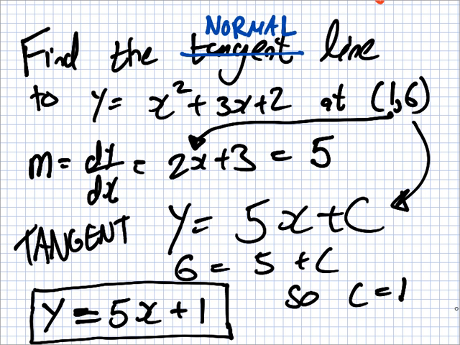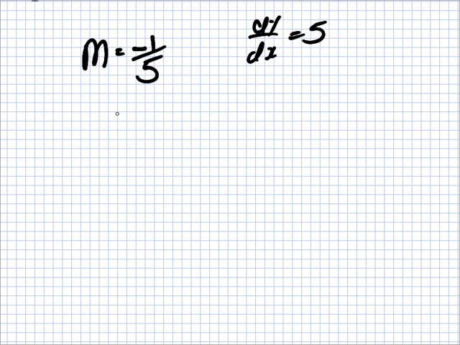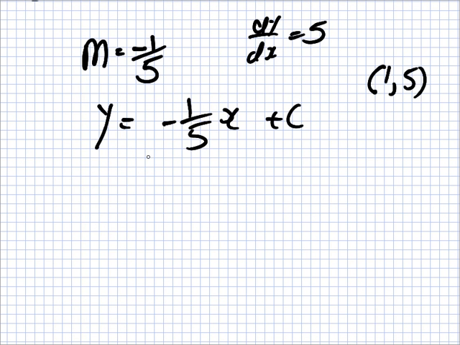I hope some of you realize the only difference is in the m. In the last question, dy dx was 5, wasn't it? So the only difference is the m is minus 1 over 5 because it's perpendicular. So y equals mx plus c, 1, 6.